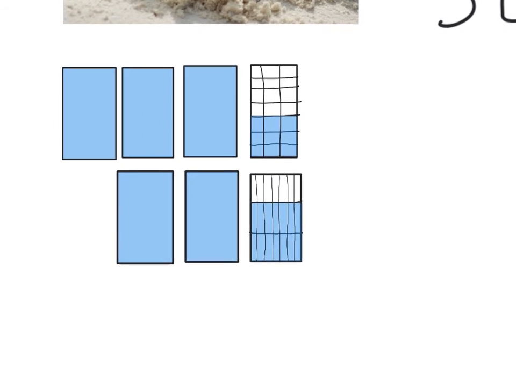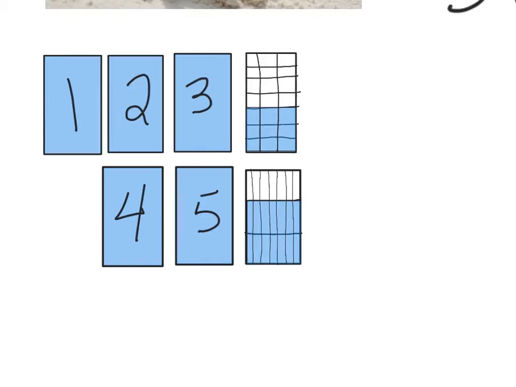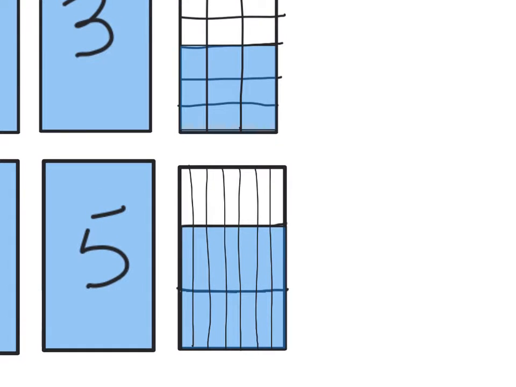So now all I have to do is add all of these up. I've got 1, 2, 3, 4, 5 holes, right? And then I've got all these parts. So let's enlarge this a bit so I can write in there a little better.